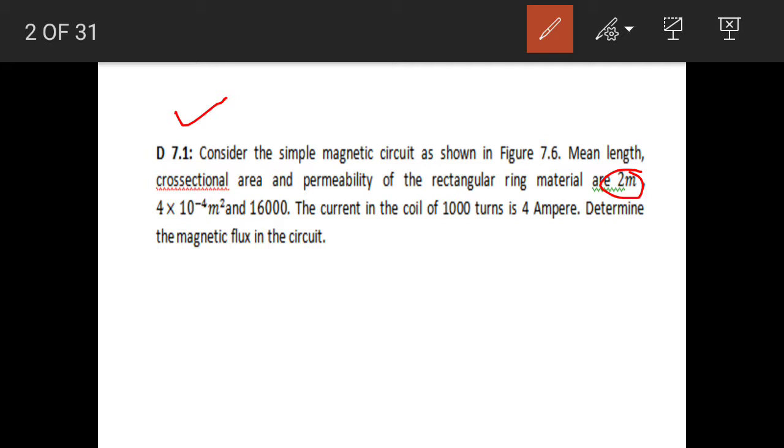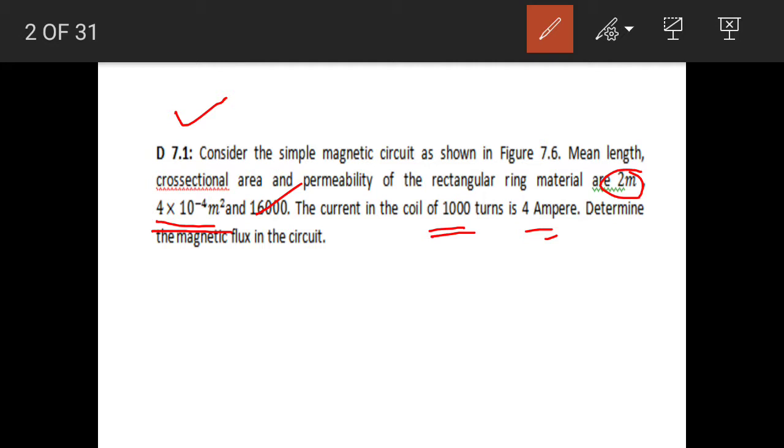Cross-sectional area of this material is 4 into 10 raised to power minus 4 square meter, and the permeability is 16,000. The current in the coil of 1000 turn is 4 ampere. So N in this particular case is 1000 and the current in the coil is 4 ampere. Determine the magnetic flux in the circuit.